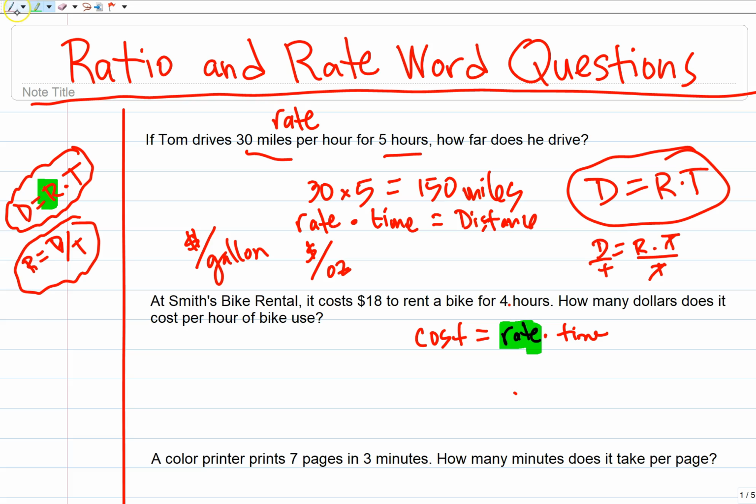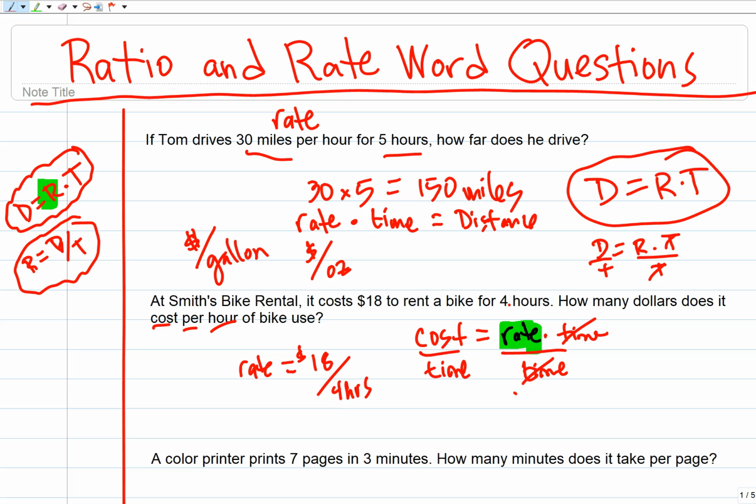So how would I figure out that rate? Well, they give you a hint. It's cost per hour. So notice the rate is cost over time, or cost per hour. To solve for this rate, all I have to do is take that cost and divide it by the number of hours.